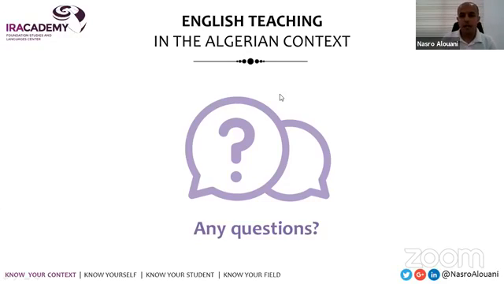Exactly. But here I'm talking about setting the norm. Of course, a teacher can do that, but without improvisation. In a certain country, there should be a certain norm set for all teachers.